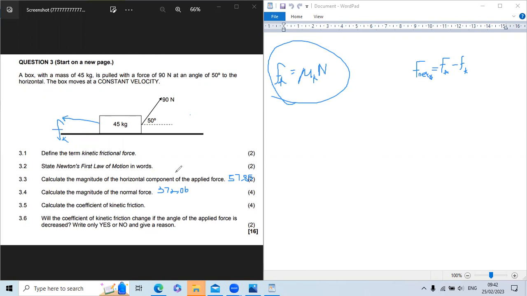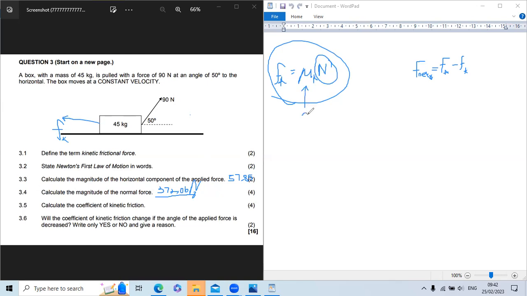From the previous question, we calculated our normal force, which is 372.06 newtons upward, or you can write positive or whatever you prefer to indicate the direction. And now we have our normal. They want us to find the coefficient.